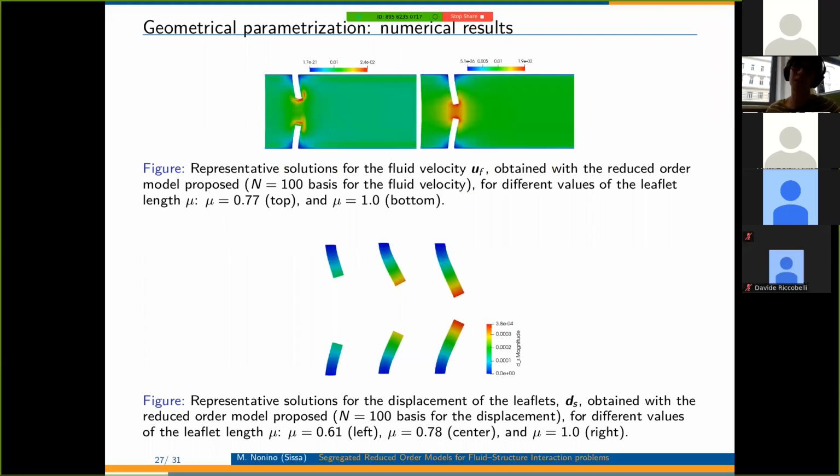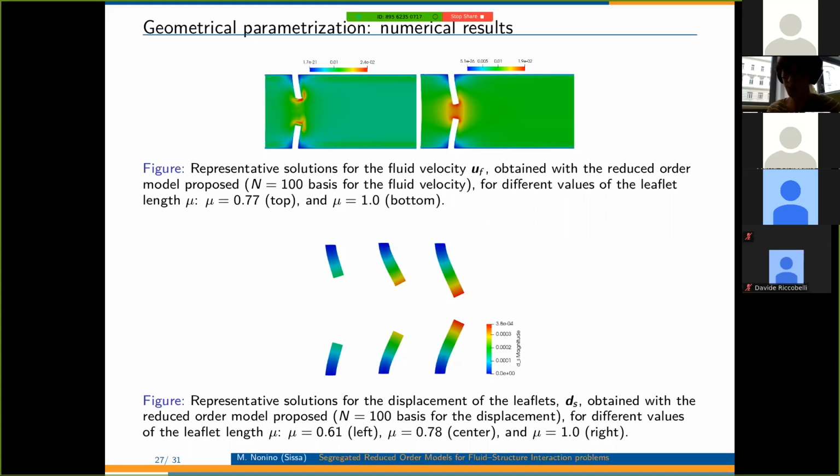And these are the numerical results. So at the top of the slide, you see the behavior of the fluid velocity at the final time step of the simulation for two different values of the length of the leaflets. And at the bottom of the slide, you see the behavior of the solid displacement, always at the final time step of the simulation, for three different values of the length of the leaflets.